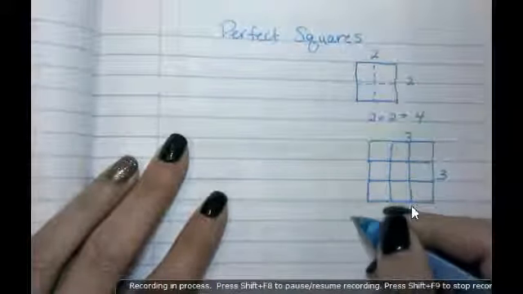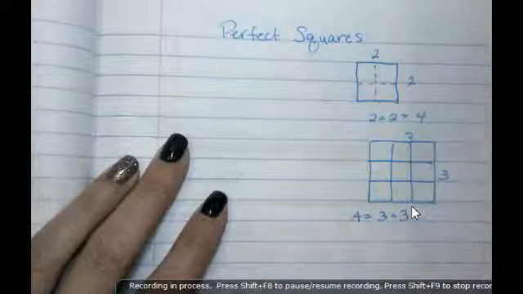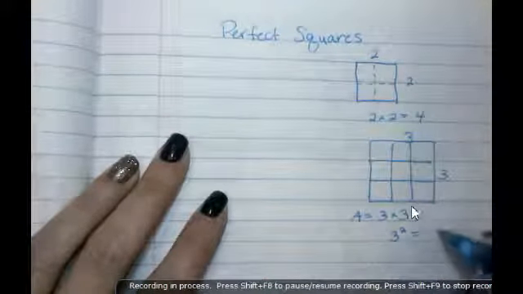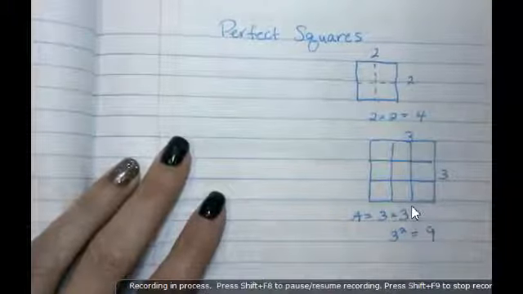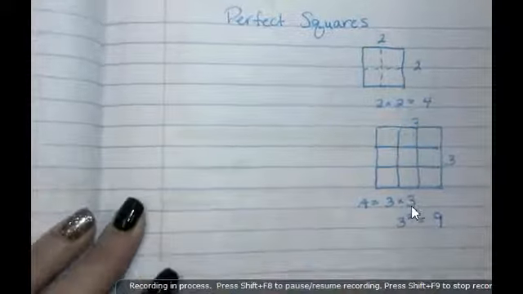To find the area of this square, I would do 3 times 3, or 3 squared, which is 9. These are perfect squares. So let's make a list of perfect squares.